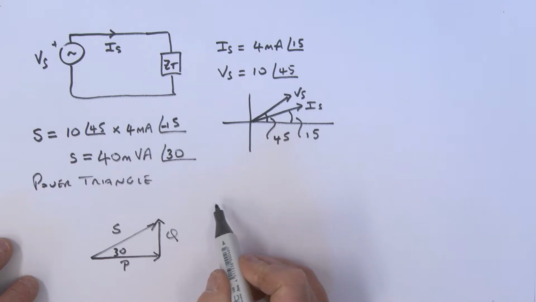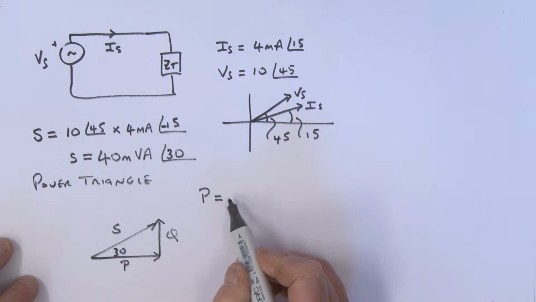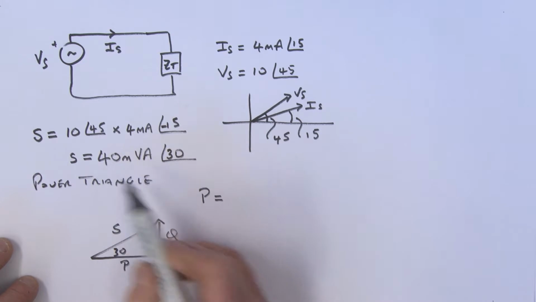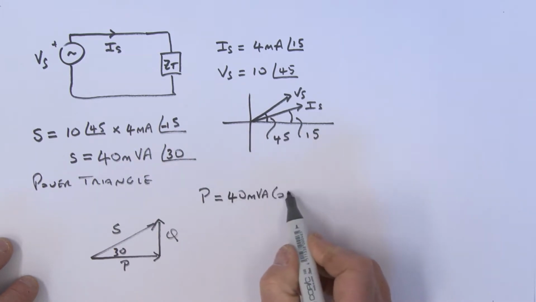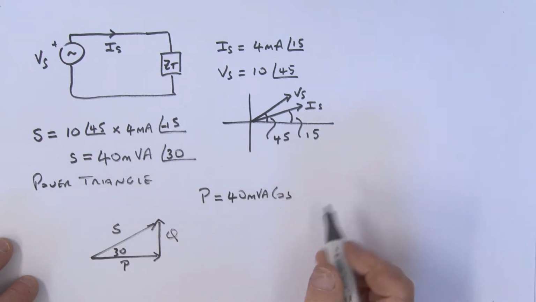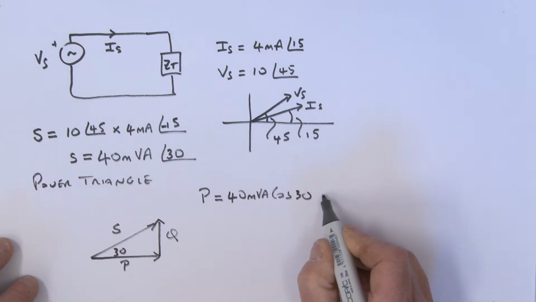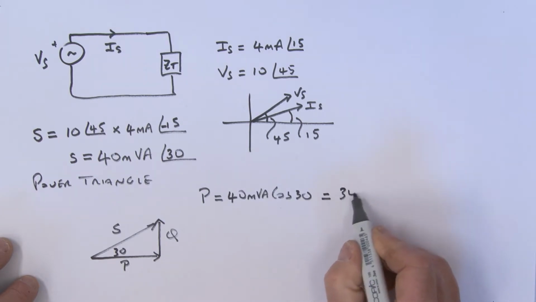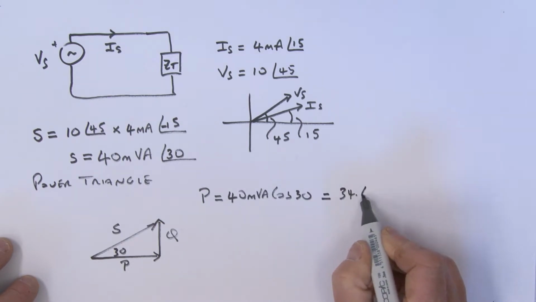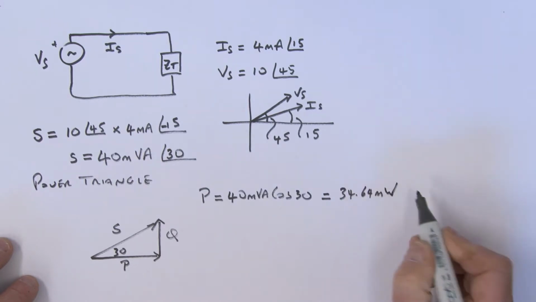So my real power is equal to S, which is 40 milli VA, multiplied by the cosine of 30 degrees. If we work that out, the real power is equal to 34.64 milli, and the unit would be watts.